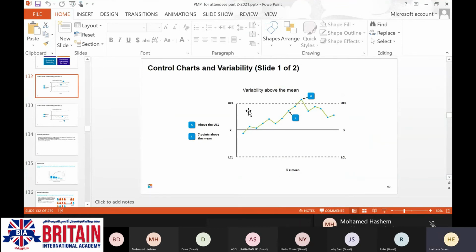This is a control chart. Yes, I remember this. The control chart is one of the quality control tools. It's going to check the stability of your process. Let's say you have a certain pen.